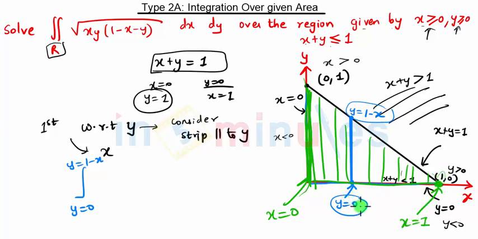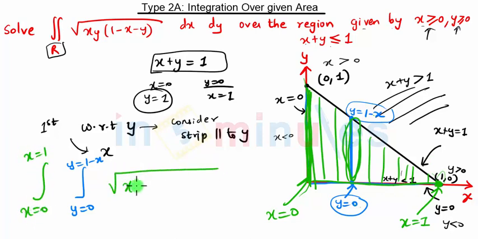We got the limits of y: y is going from 0 to 1 minus x, which represents this strip, and we are moving this strip in this region so that our entire region is covered. So the limits of x are x equal to 0 to x equal to 1, and the integral is root of xy(1 minus x minus y) dy dx.